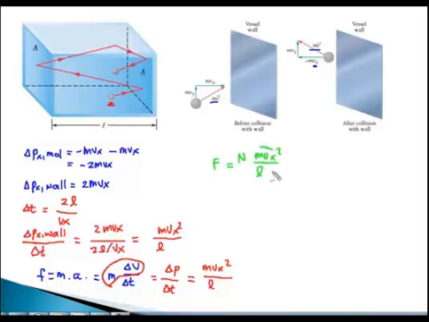This bar here represents the average. The velocity we're talking about is the average, and that average is what we call the mean square speed, or mean square velocity.